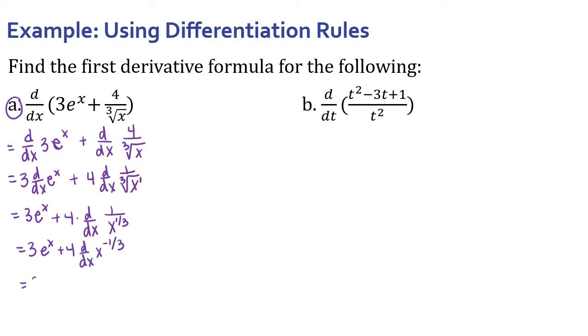Now this is in a form that I can actually take the derivative of. So we're going to take that power, move it down in front. So that's going to be negative 1/3 times x to the negative 1/3 minus 1. So that gives me 3e to the x plus 4 times negative 1/3 x to the negative 4/3.